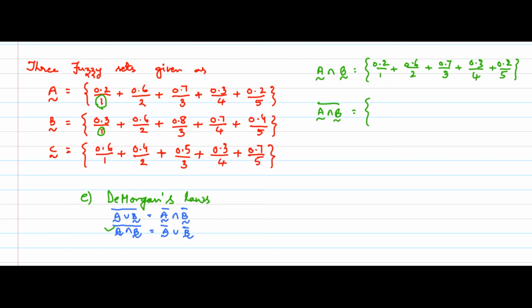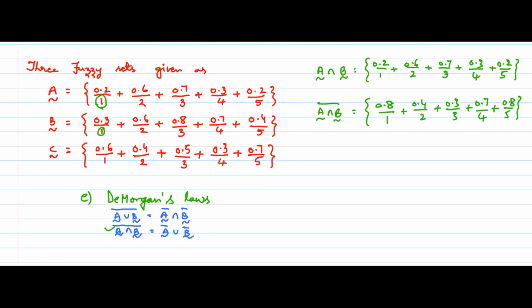So for 1 it is 1 minus 0.2, which is 0.8, divided by 1, plus 1 minus 0.6, which is 0.4, divided by 2, 1 minus 0.7, which is 0.3, divided by 3, 1 minus 0.3, which is 0.7, divided by 4, plus 1 minus 0.2, which is 0.8, divided by 5. That's all. So this is A intersection B whole bar.